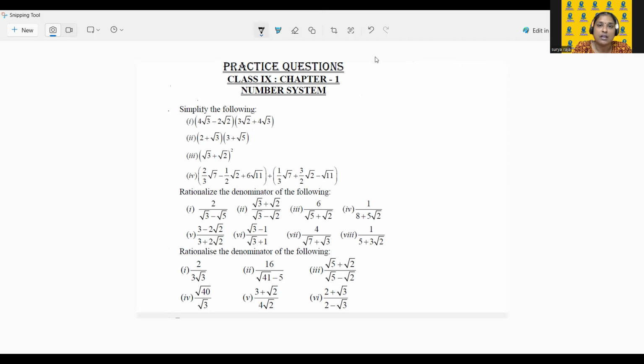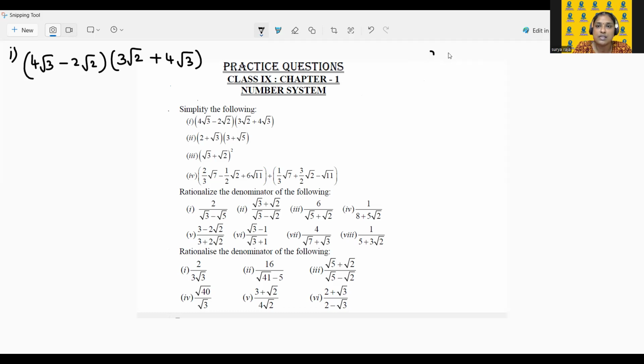Okay. Now I'm going to take this here. Question 1. 4 root 3 minus 2 square root of 2 within brackets, and here 3 root of 2 plus 4 root of 3. Okay. Now, can you see these two terms looking like the distributive law?